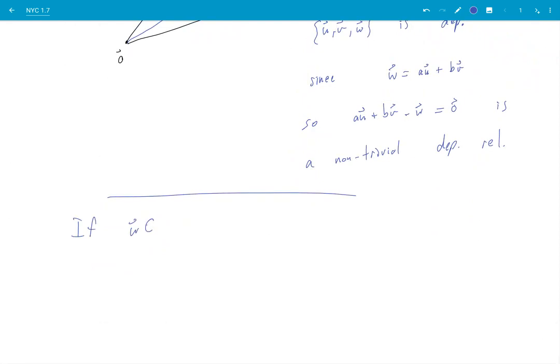If W is not in the span of U and V, not in the same plane.